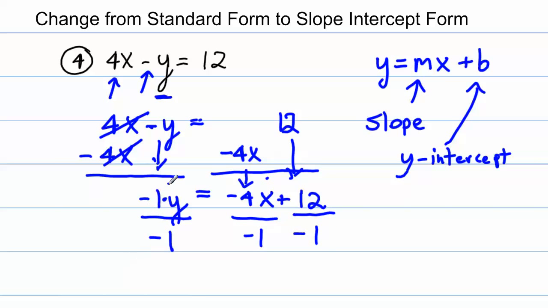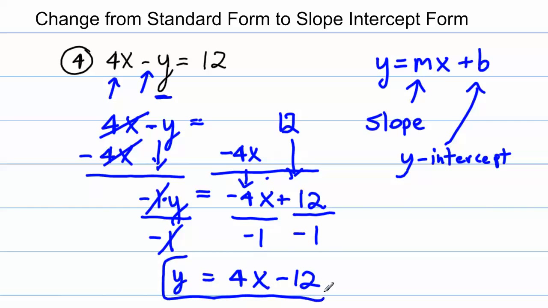When we simplify, we're left with just plain y equals, and a negative divided by a negative is positive, so we get 4x, and then a positive 12 divided by negative 1 is minus 12. So we end up with y equals 4x minus 12. And that's it. Cool beans.